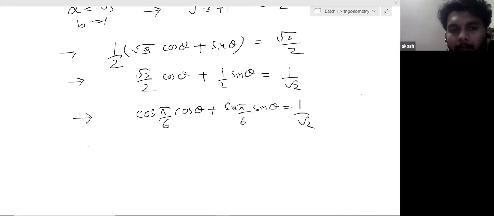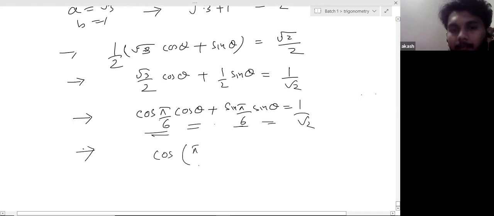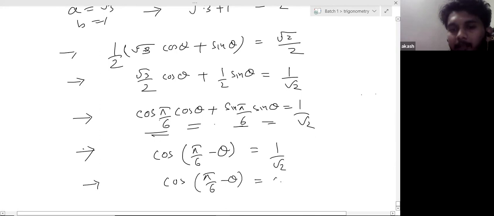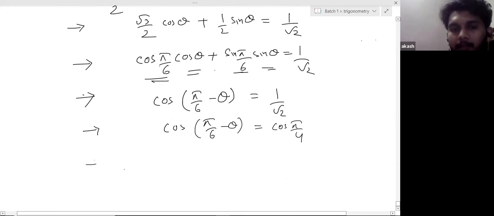Now this is cos A cos B plus sin A sin B. So this is cos of A minus B. Now again we can say cos of theta minus pi by 6, and 1 upon root 2 we can write as cos pi by 4. So we can write cos of theta minus pi by 6 is equal to cos pi by 4.